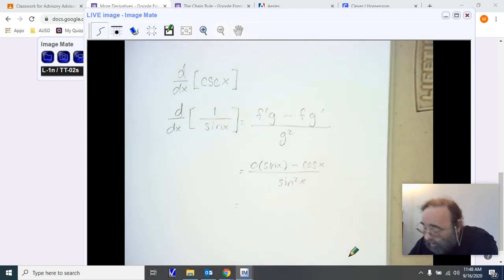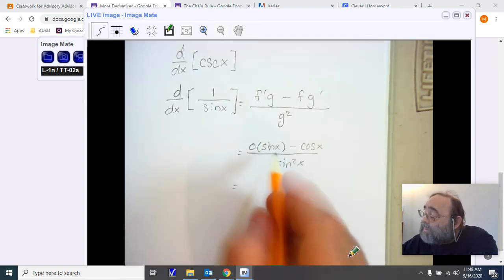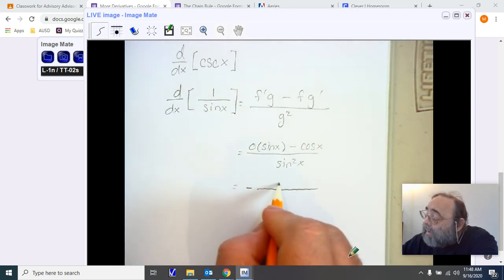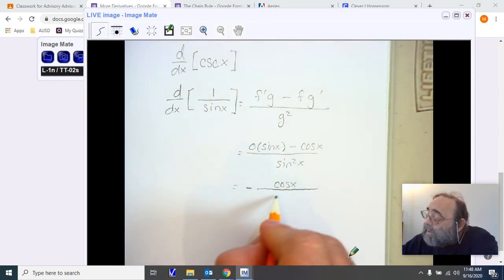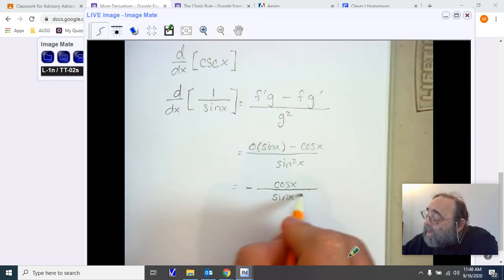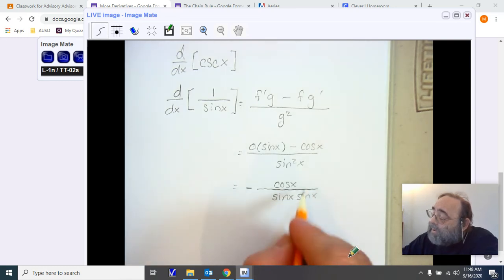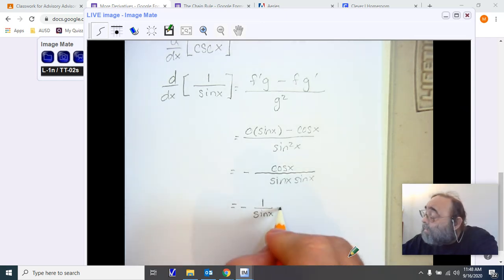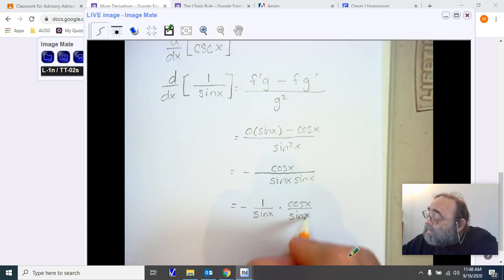Just as we saw before, this piece goes away. Now I have a negative, which I'm going to pull out in front. I have cosine x. I have sine x times sine x. And you'll notice there's a cotangent in here. So we're looking at 1 over the sine of x times the cosine of x over the sine of x.